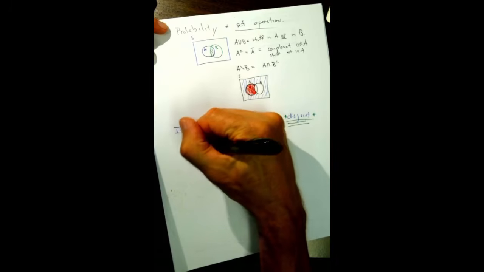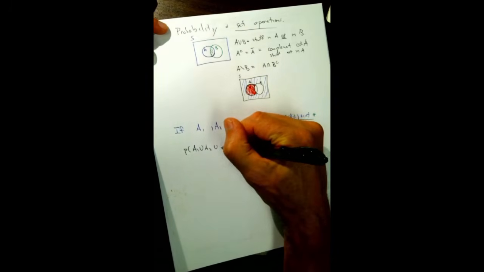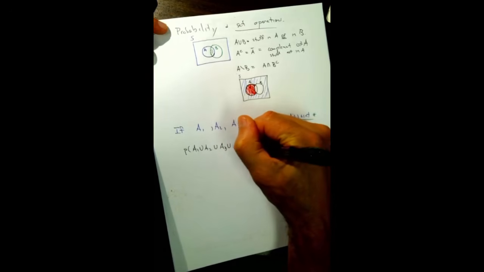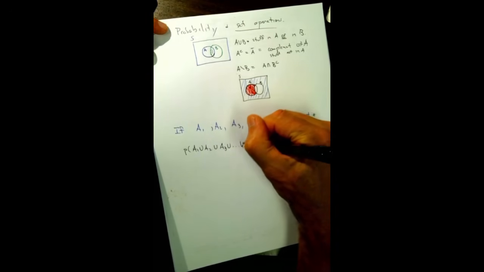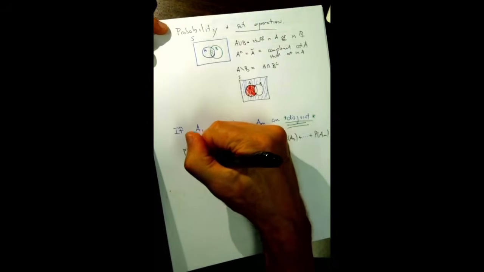But if those things are disjoint, then the probability that A1 happens, A2 happens, or A3, or any of these things is going to be the sum of the probability of A1 plus the probability of A2 all the way out to the end. So the question is why is that?